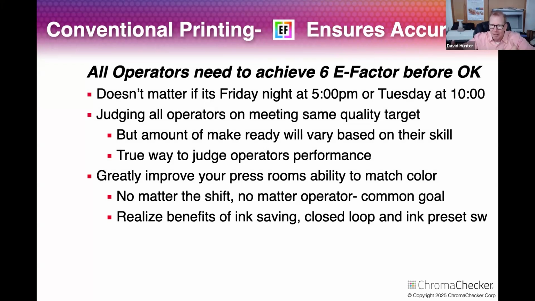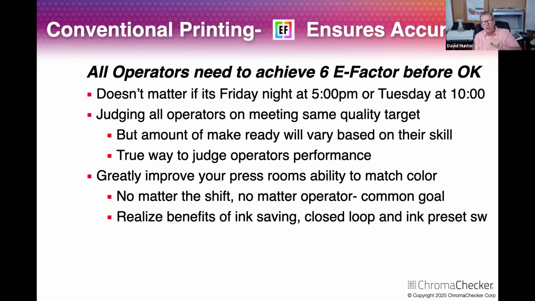How is that a quality mindset? So most of our customers, once they start implementing ChromaChecker within their presses, they tell the operators, hey, you have to achieve something less than a 6 E factor or maybe a 7 E factor before you pull an OK sheet. So now you're dialing all the operators into the same level of quality.